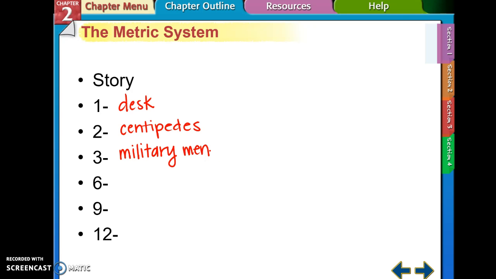So, you're kind of like, well, this is a really weird room. So, you've got the one desk in the center of the room, 2 centipedes crawling up the legs, 3 military men marching around, and suddenly you end up getting 6 microwaves. And you're like, why do I have these microwaves?